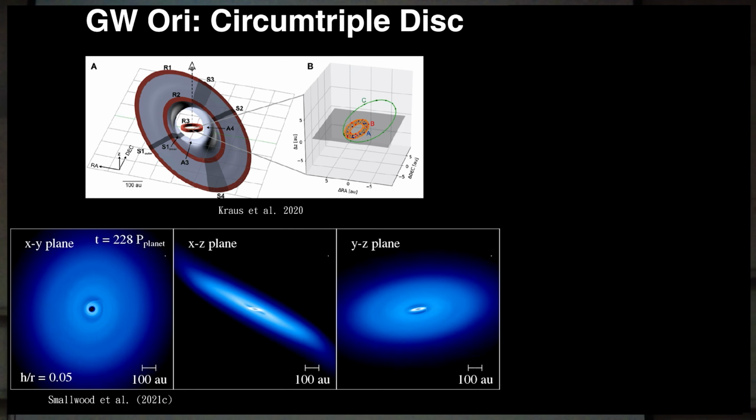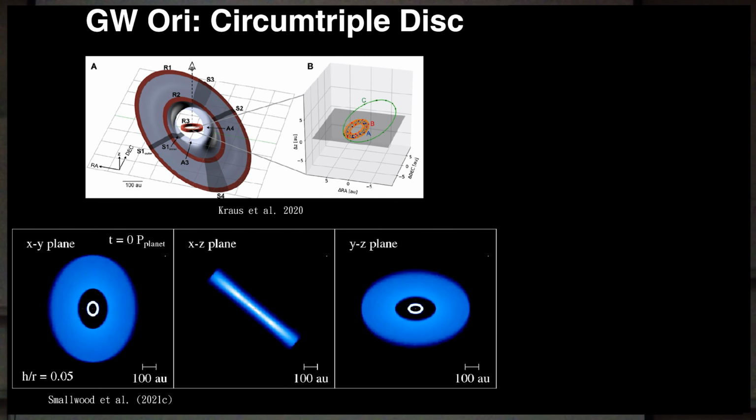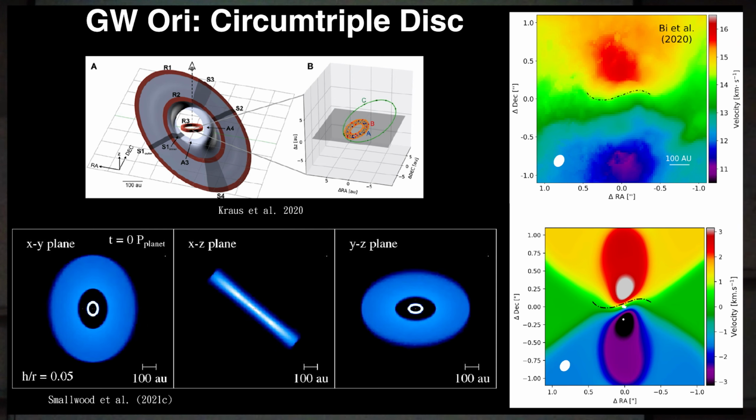Because it's inclined around the triple stars, it will precess its inclination, and as it goes out of the plane of the disk, because it undergoes these tilt oscillations, that gap just propagates outward because nothing's holding the gap. But as the planet oscillates back into the plane of the disk, it starts to carve a gap again, which you can see at the last part of the movie. You can see the planet carving the gap.